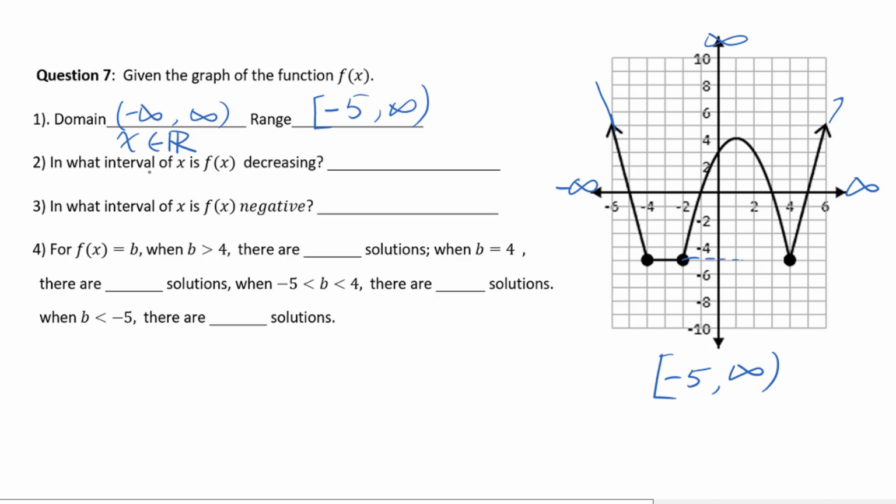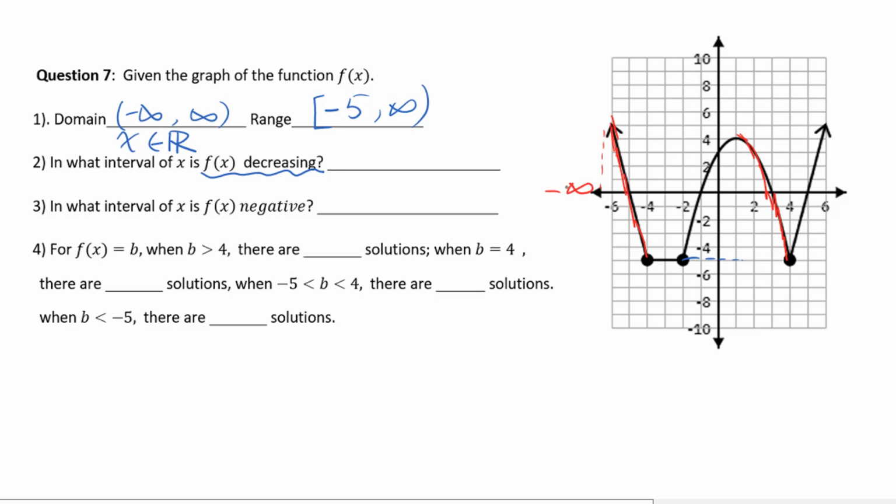Number 2, in what interval of x is f of x decreasing? From left to the right, just check which part of graph is going down. We know this part is going down. And from here, this is going down. For this part of graph, look at the domain.